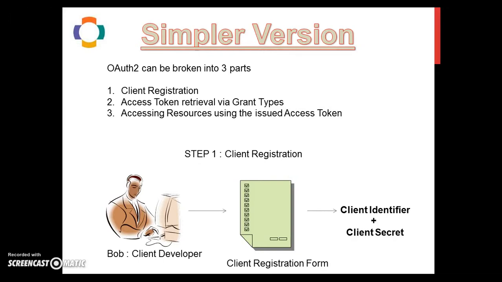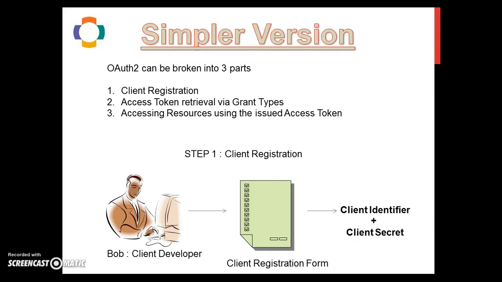The second process involves obtaining the access token from the authorization server, which will be OpenMRS's OAuth2 module, which we are making. The third process would be accessing resources after getting the access token.